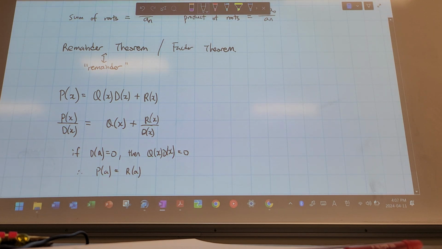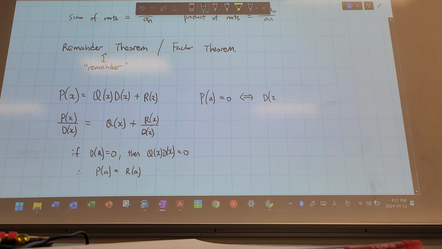Actually, it's the other way around in order of appearance. The factor theorem is when there's no remainder. So the factor theorem states that if p of a is 0, then it is equivalent to saying that d of x is a factor.